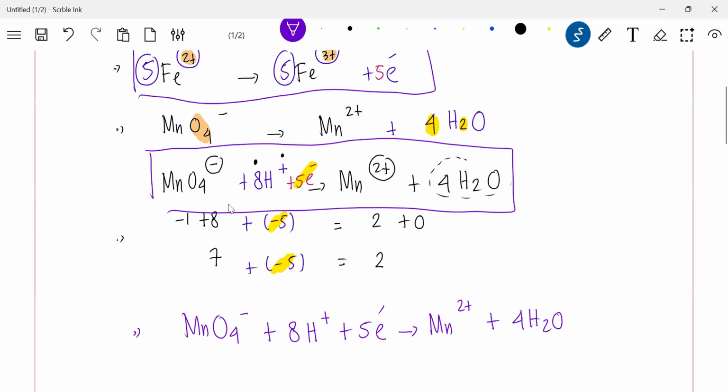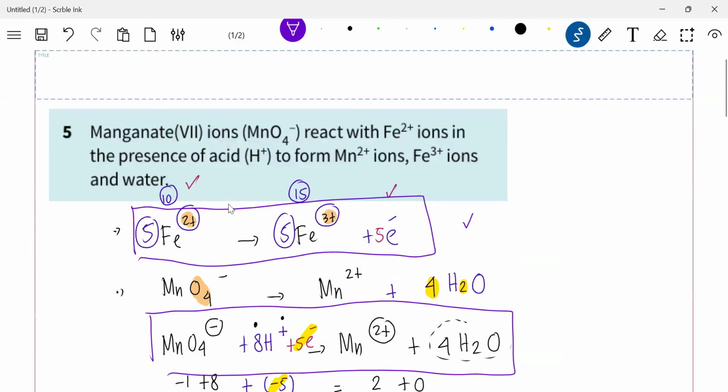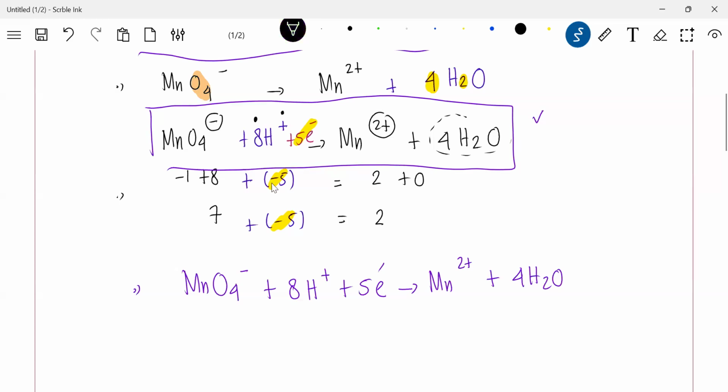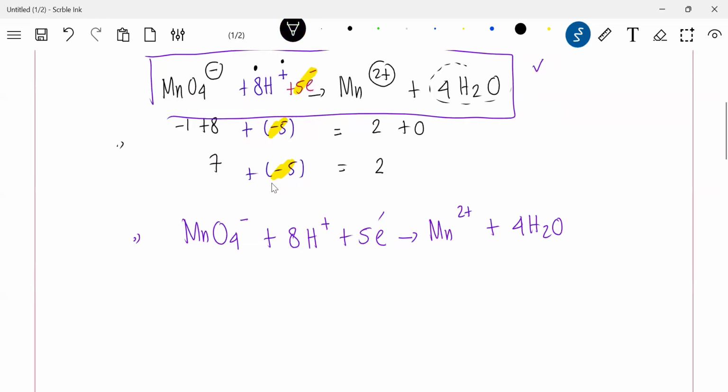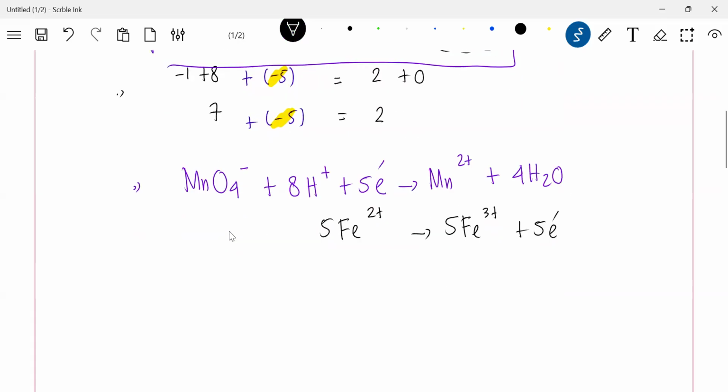And then we have to copy this equation also: 5 Fe2 plus become 5 Fe3 plus plus 5 electrons. And then we add it together.